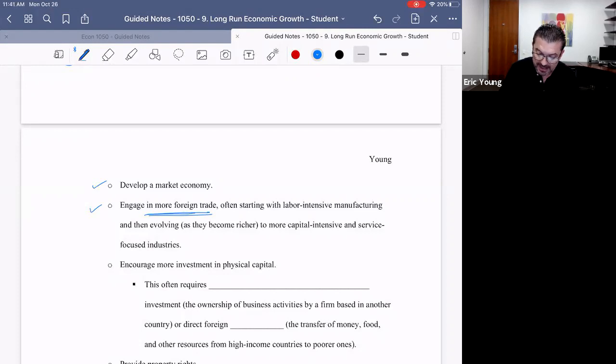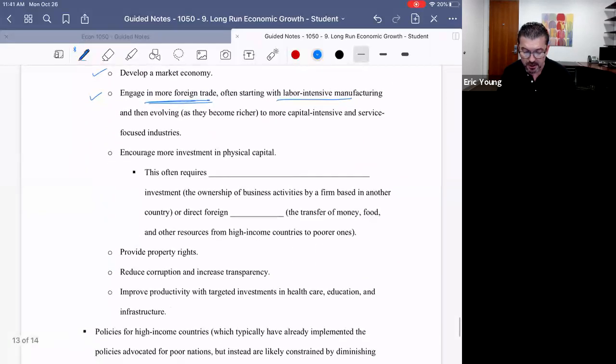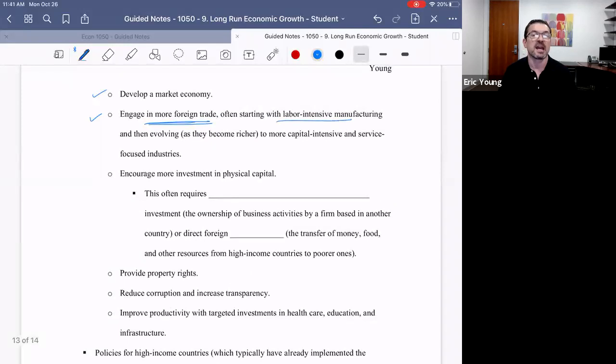Oftentimes, poor countries will begin, and if you take a look at the history of lots of today's rich countries, back when they were poor, they typically started off with very labor-intensive, low-value manufacturing. But over time, as the country got a bit richer, as their people gain more human capital, as they can afford more physical capital, those countries will oftentimes evolve from labor-intensive, low-value manufacturing to labor-intensive, high-value manufacturing to then more capital-intensive and even service-focused industries.